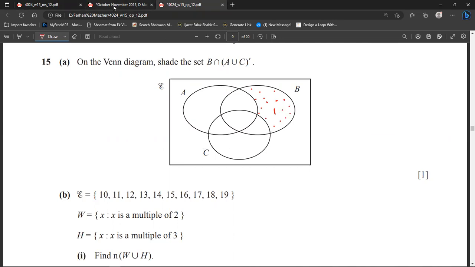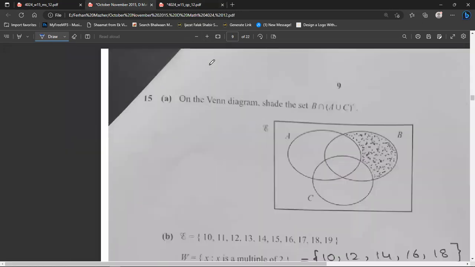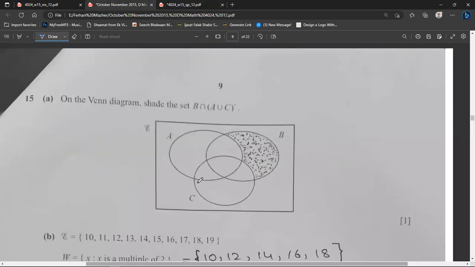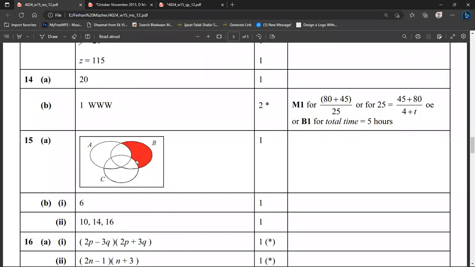This will be shaded. Let me show you. Question number 15, A part, this portion will be shaded.